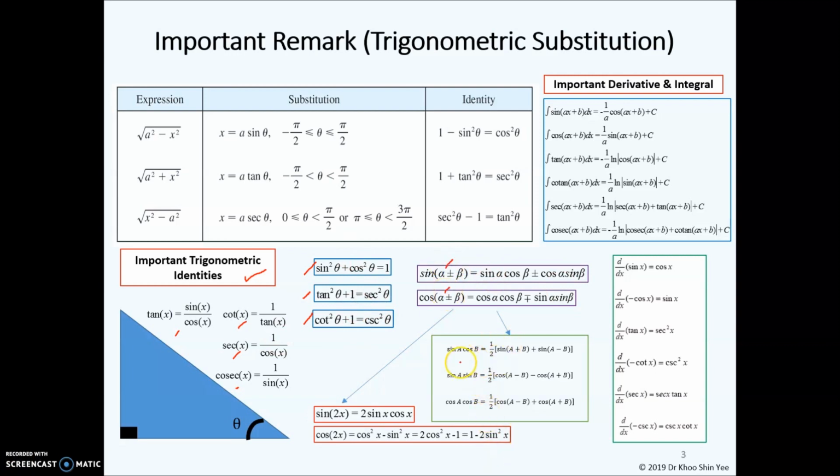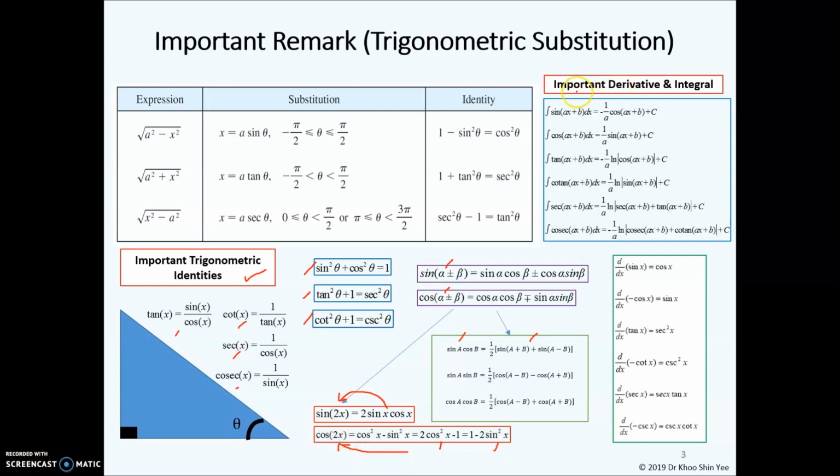And then we have the product of sine cos function here, and we can convert this product into summation or subtraction. And for this identity, we can convert the product of sine x into the double angle formula. And if we have something in sine square or cos square, we can convert it into double angle cos.